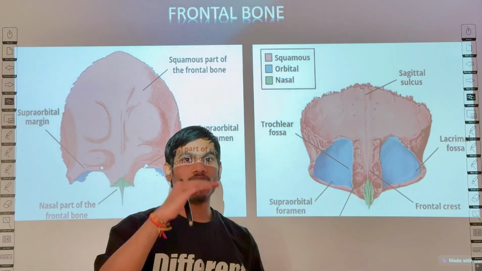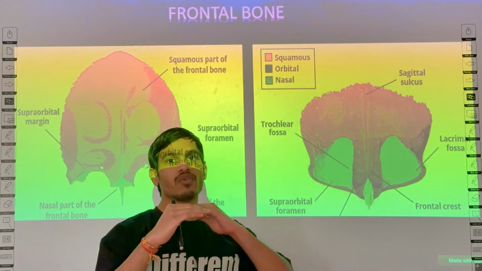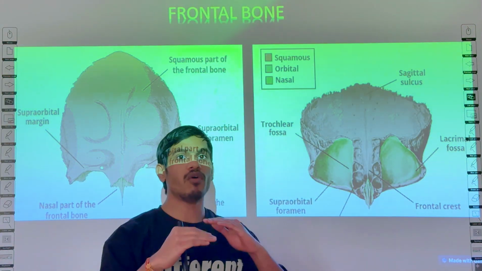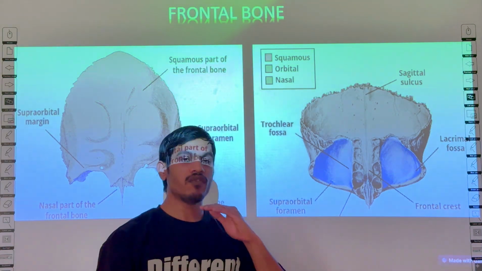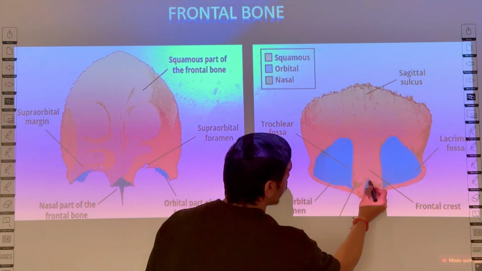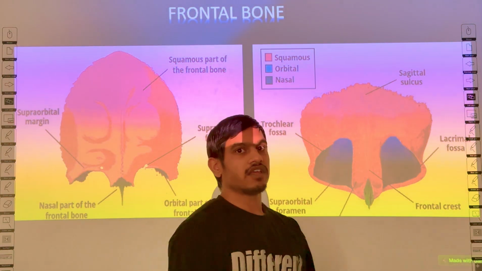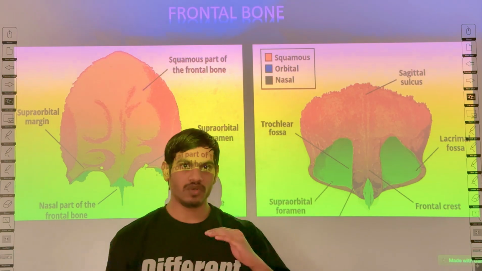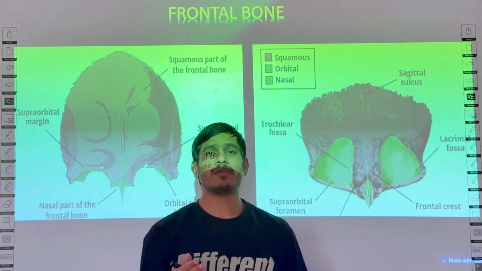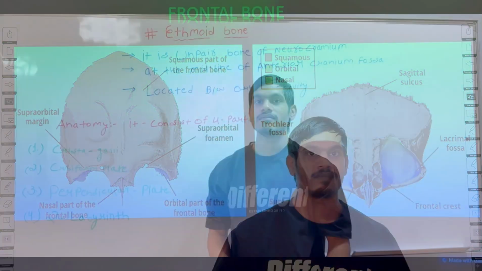First, below, it provides the roof of the orbital cavity, and above, it provides the floor of the anterior cranial fossa. Then the last one is the nasal part of the frontal bone, which gives the site of attachment of two bones, the nasal bone and the frontal process of the maxilla.